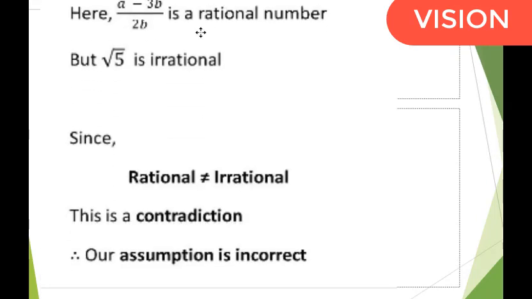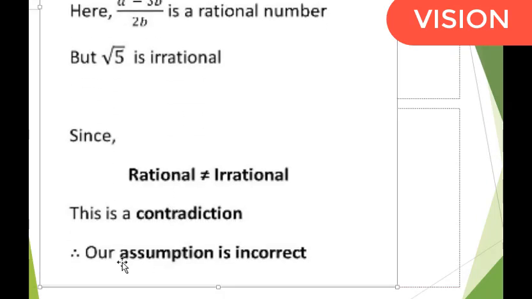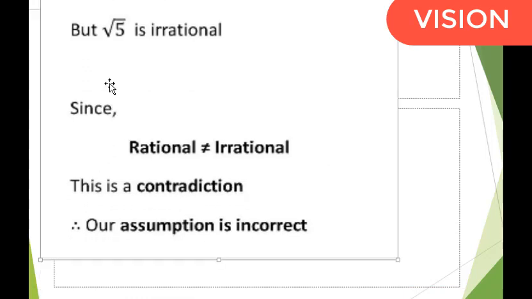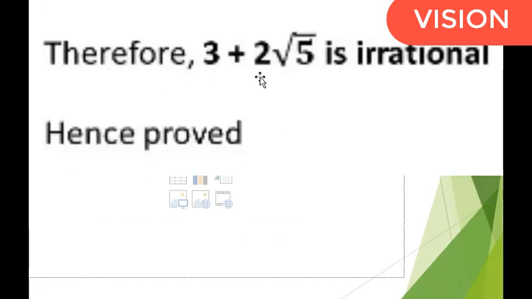Irrational is not equal to rational. So our assumption is incorrect, because we assumed that it is a rational number. This is the contradiction phase. So we conclude that 3 plus 2 root 5 is an irrational number. That's all for this problem. Let me move to the next problem.